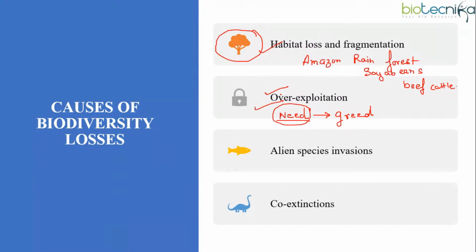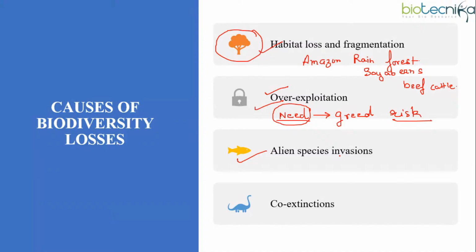Many fish populations around the world are overharvested, and because of this overharvesting, we are also putting their existence at risk. Then alien species invasion, whether unintentional or deliberate, for whatever purpose, has caused the decline or extinction of indigenous species.